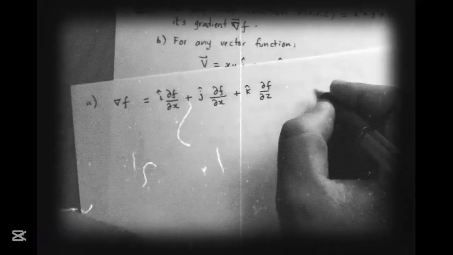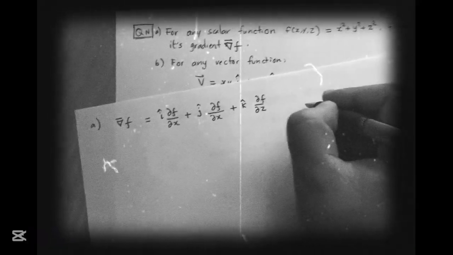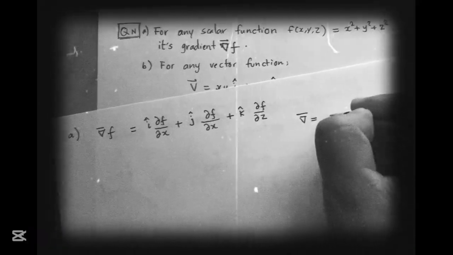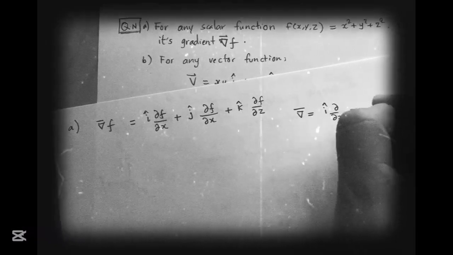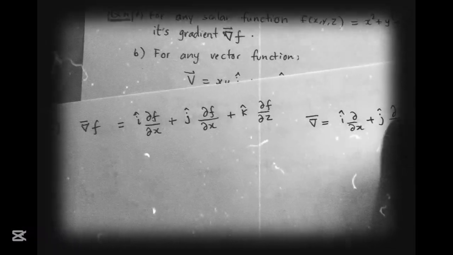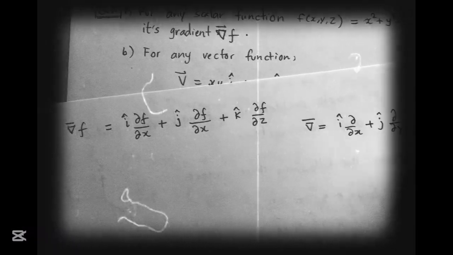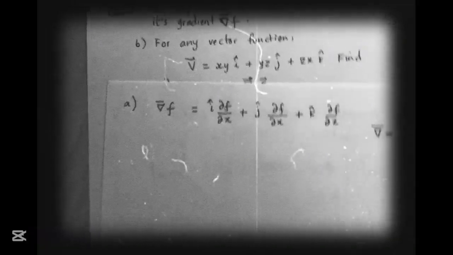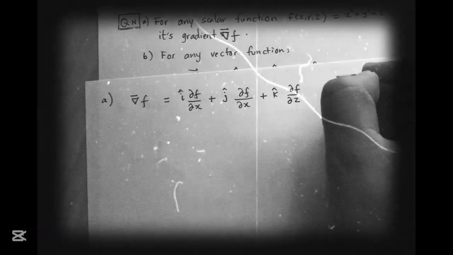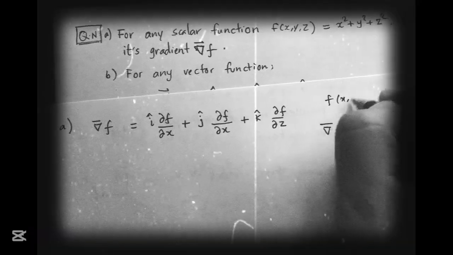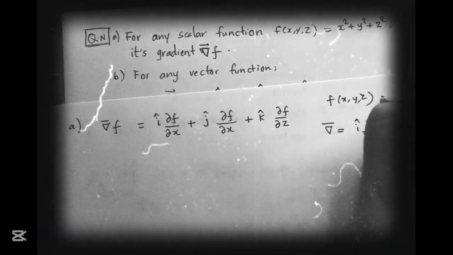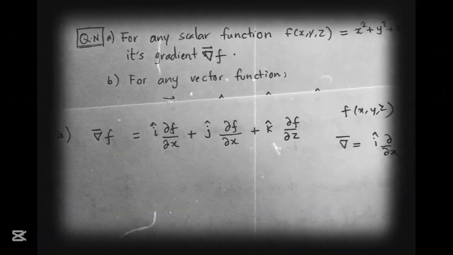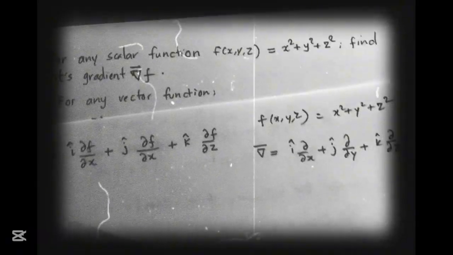This is because we have del equal to i d by dx plus j d by dy plus k d by dz. And then we also have f(x, y, z) equal to x squared plus y squared plus z squared.